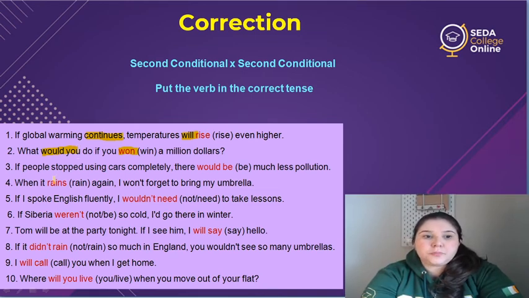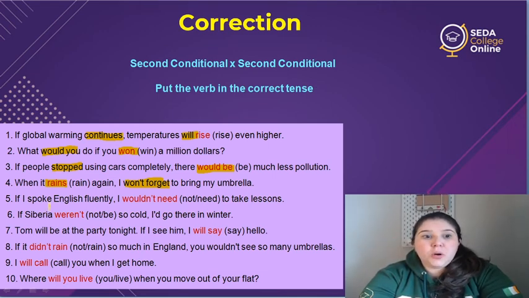Second conditional. 3. If people stopped, past simple, using cars completely, there would be much less pollution. 4. When it rains, again, so present simple, I won't forget to bring my umbrella.